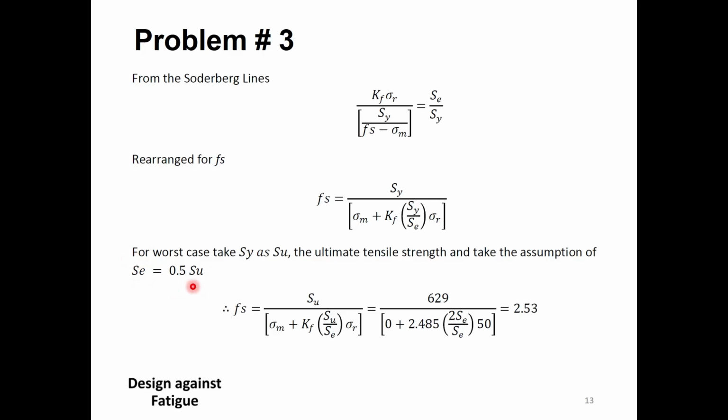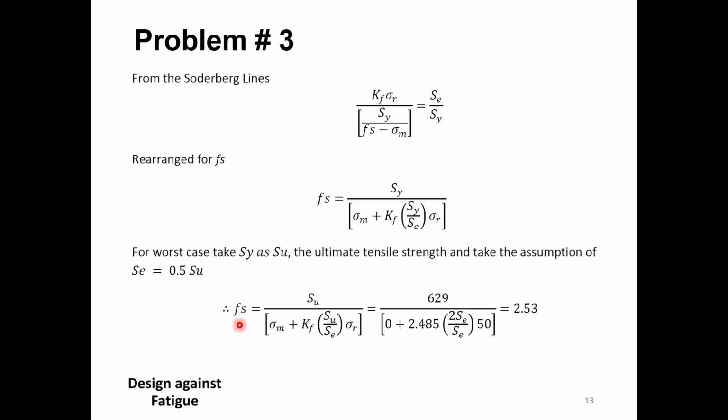So for steels, the endurance strength is equal to 0.5 multiplied by the ultimate tensile strength of the material. We can also remember that S endurance is equal to 0.4 multiplied by the S ultimate for cast iron. So this 0.5 is specifically for steels within a specific range of tensile strength.